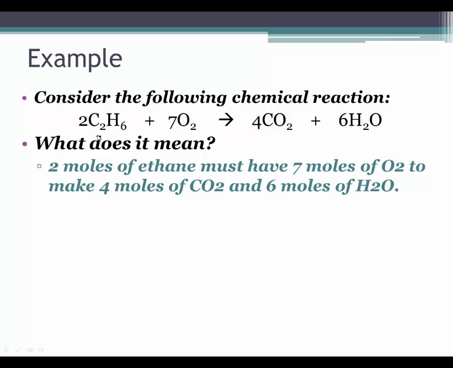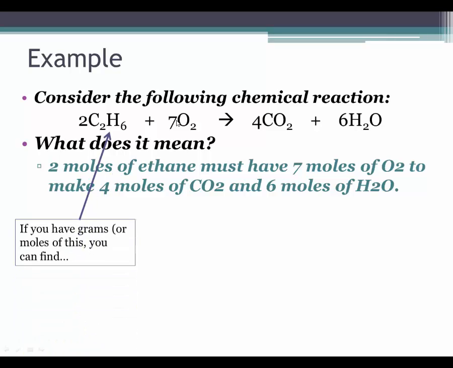So what can we do? We can convert mass to moles. But now we have a problem, right? Because now we just converted mass to moles of only ethane, but I need to know how much oxygen I need to react with this ethane. We can use this mole ratio here, 2 to 7, to find out how much oxygen we actually need.